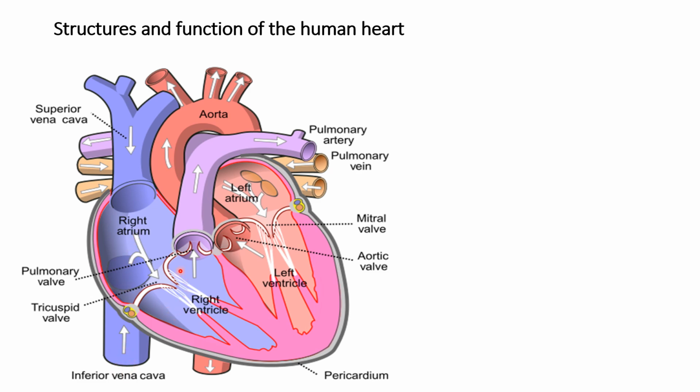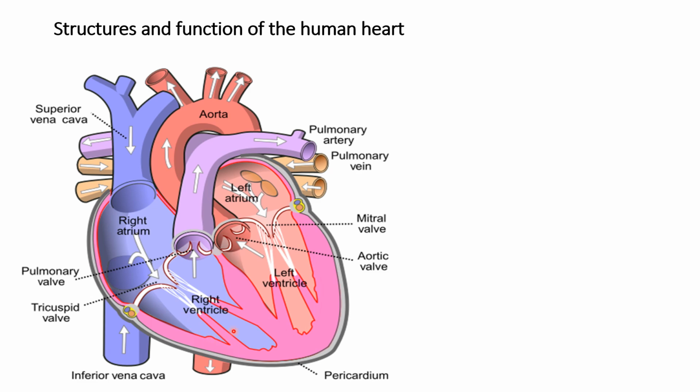Then we have the tricuspid valve, which allows blood from the right atrium into the right ventricle by opening. And then again it closes to prevent the backflow of blood from the right ventricle into the right atrium, which is abnormal.